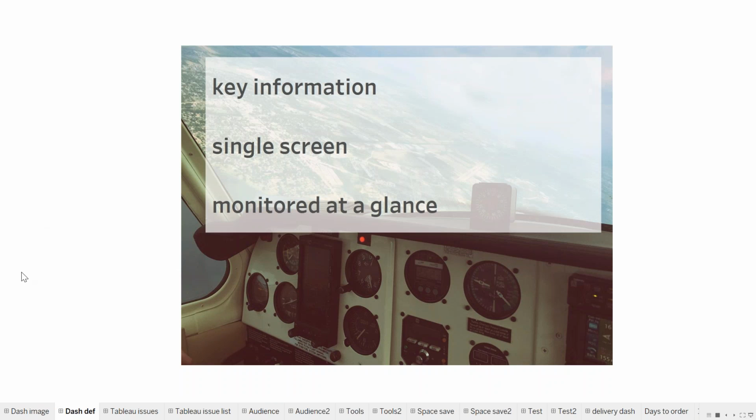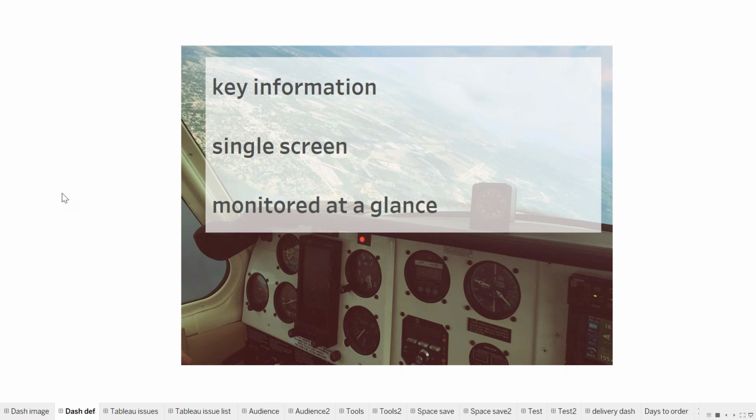So in the very initial design stages of dashboards, we need to get from your user what the key information is that's going to enable them to make decisions or spot threats, spot opportunities. And that being on a single screen can definitely help being able to see everything and monitor things at a glance.